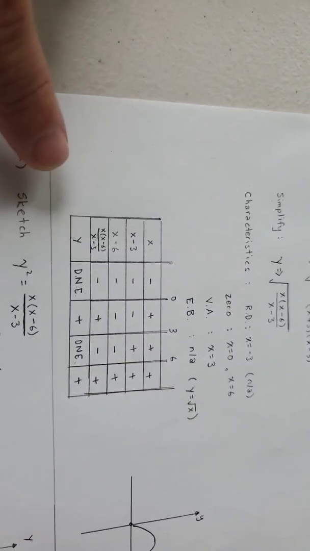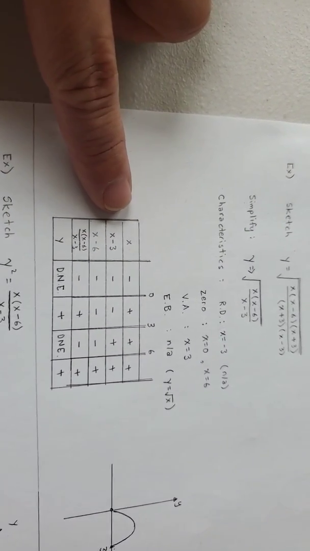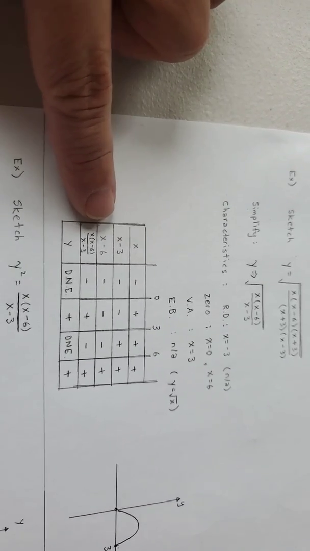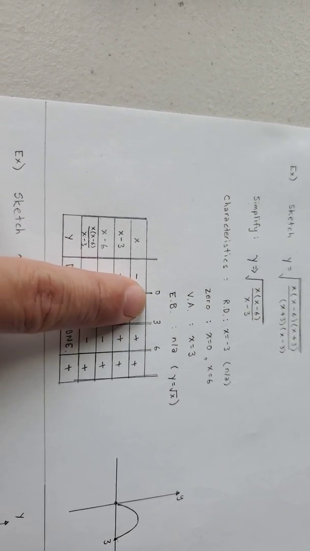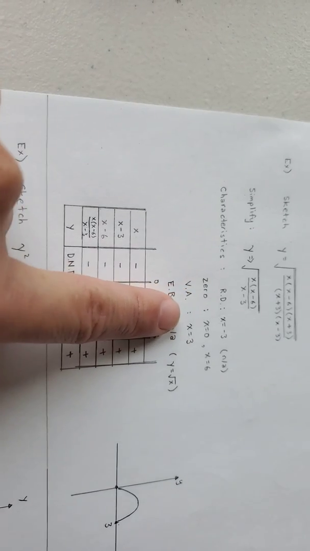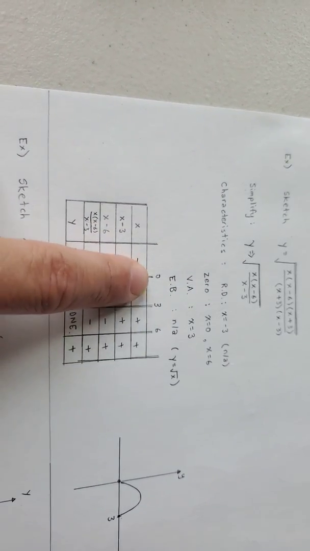And here you can see the same chart that I built just like last time. I took each one of the factors and put it in its own row. I also divided each row by the numerical values that we found for the zeros and the vertical asymptotes, because that's where the signs are going to be changing. So 0, 3, and 6.